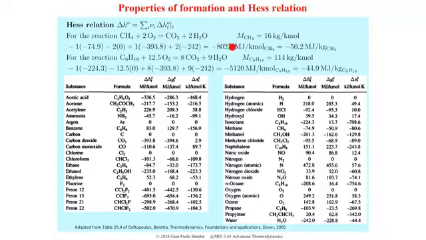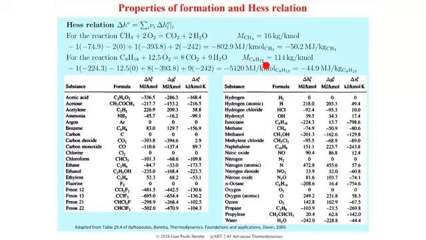And you can calculate this. These numbers are in megajoules per kilomole, or say kilojoules per mole. And if you divide by the molecular weight, for methane it's 16, you get this number, negative 50 megajoules per kilogram.